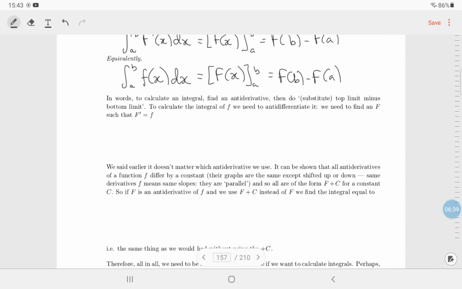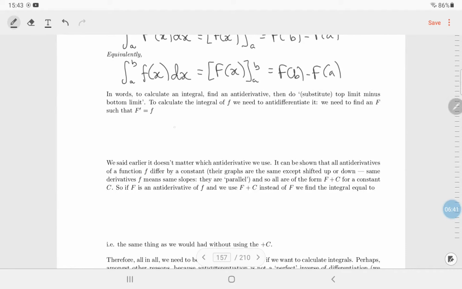So say you want to antidifferentiate f. Be careful, let's make it consistent. You've got little f here, and you want to antidifferentiate it to big F. In other words, you want to find a big F that differentiates to give you f of x.